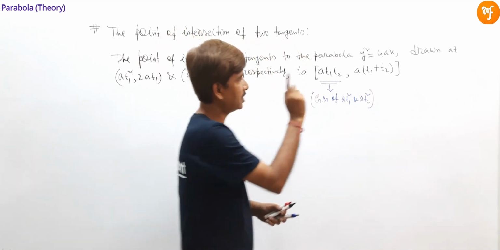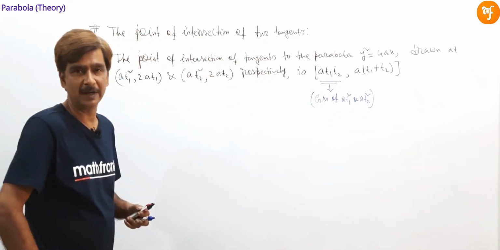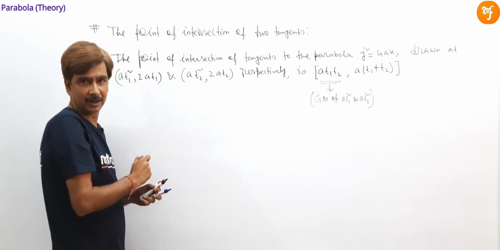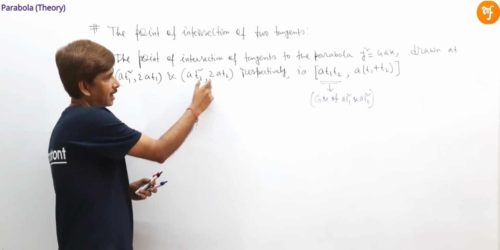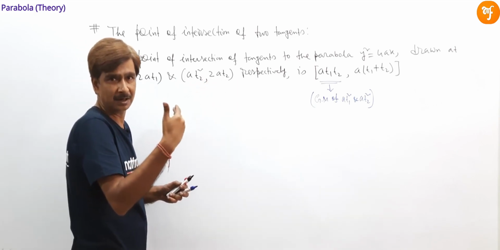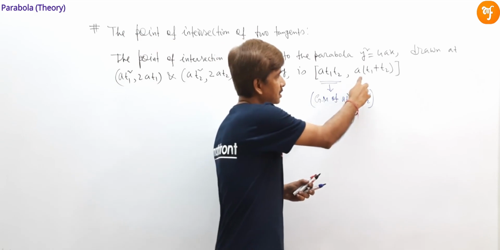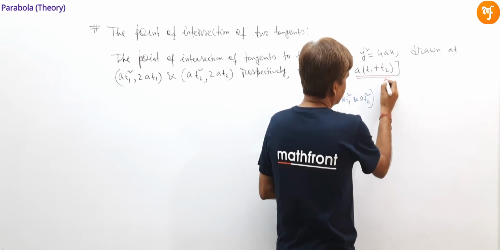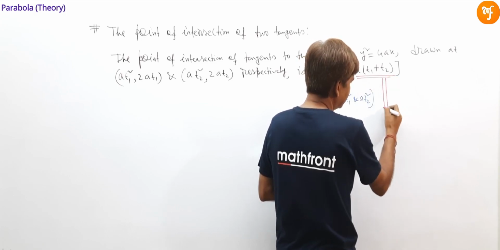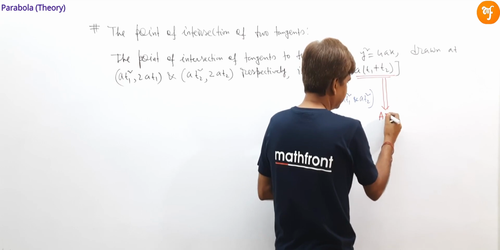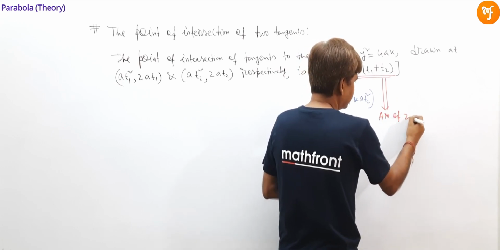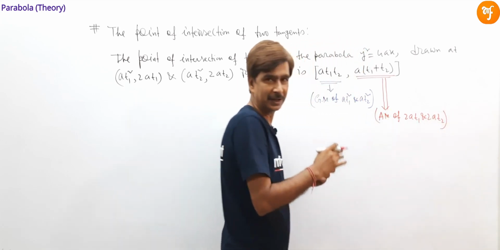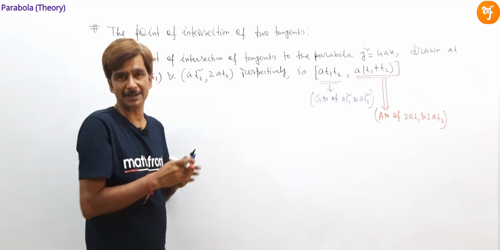And the y coordinate of the point of intersection of tangents is the arithmetic mean of the y coordinates of the points of contact. That is, the arithmetic mean of 2at1 and 2at2 is a(t1 plus t2), which is this. So in this way we can remember the point of intersection.